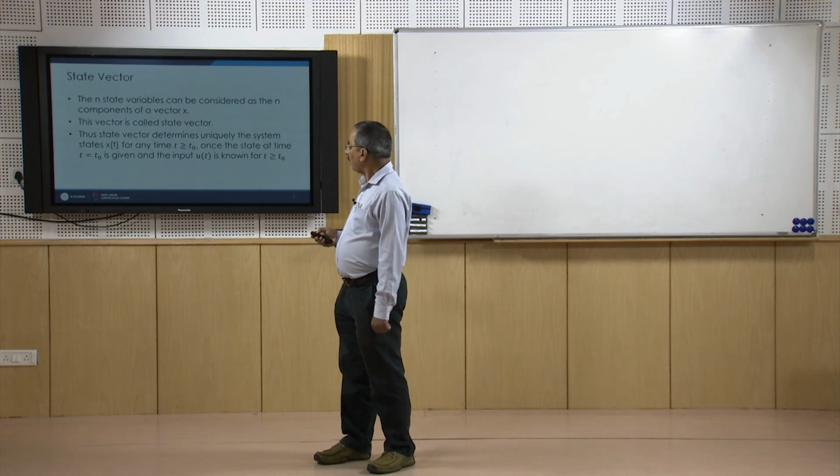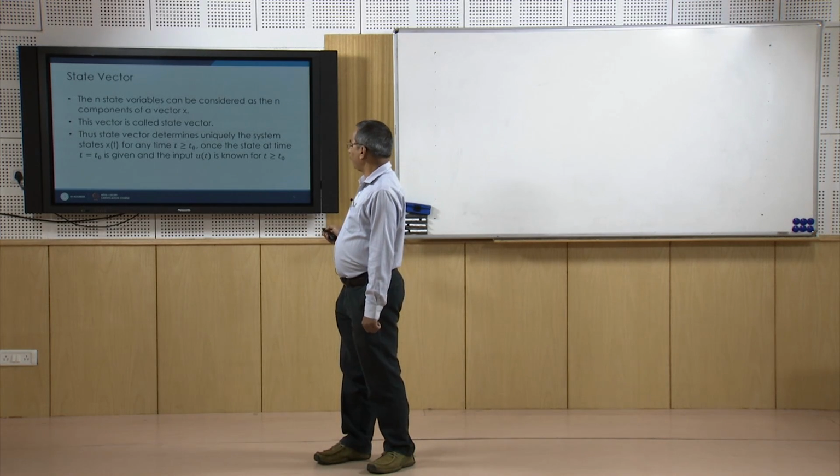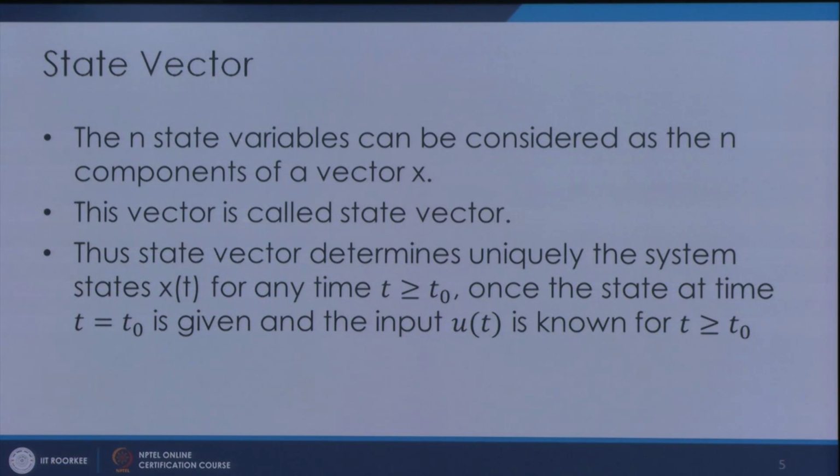Thus, the state vector determines uniquely the system state x(t) for any time t greater than or equal to t0, once the state at time t equal to t0 is given, and of course you know the input for time t greater than or equal to t0.